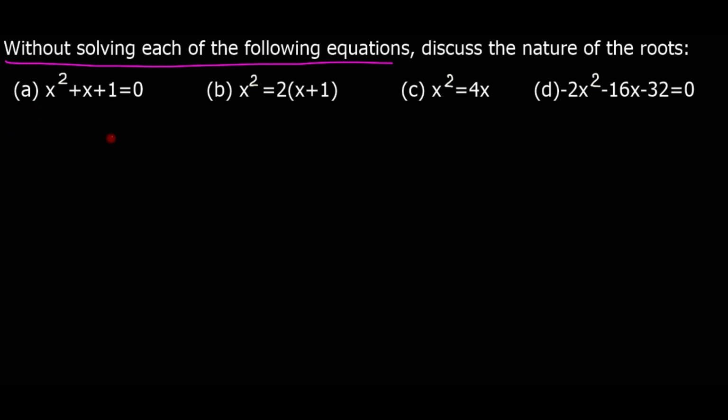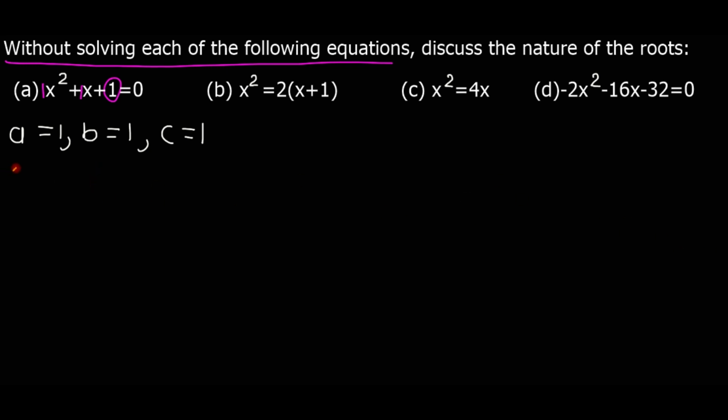We can see that the value of A is 1, and B is also 1, and C is also 1. As you can see, A here is 1, and B is 1, and C is also 1. So we will use the discriminant.